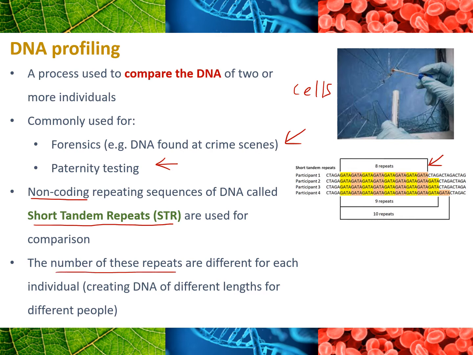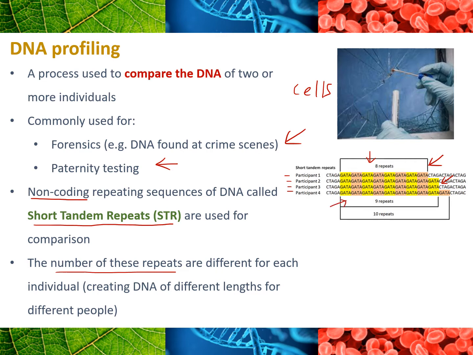It's a little bit small and hard to see, but this is showing 4 different people. The first person has 8 repeats of this particular sequence. Person 2 and 3 have 7 repeats of this particular sequence. Person 4 has 10 repeats.